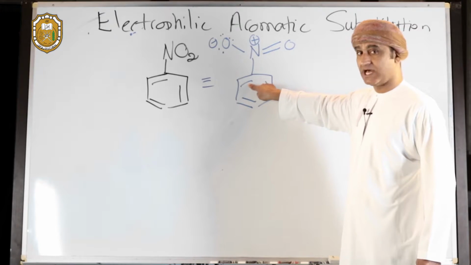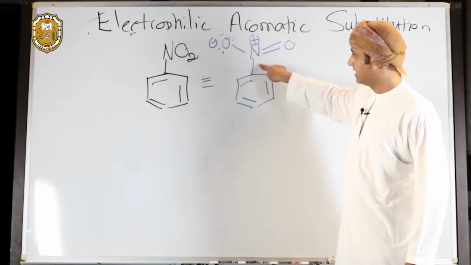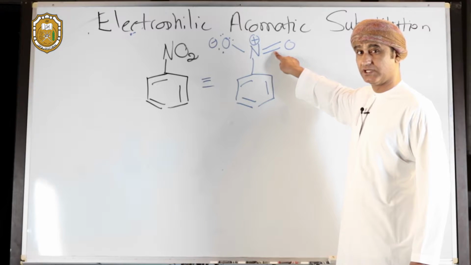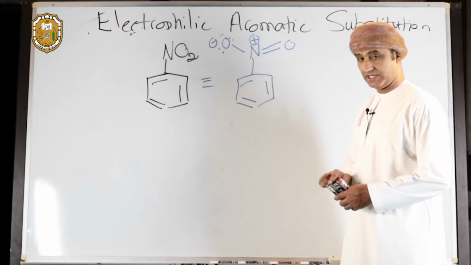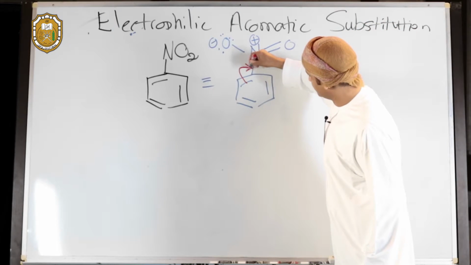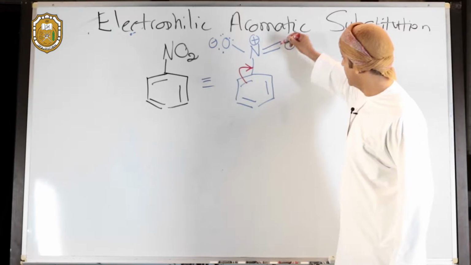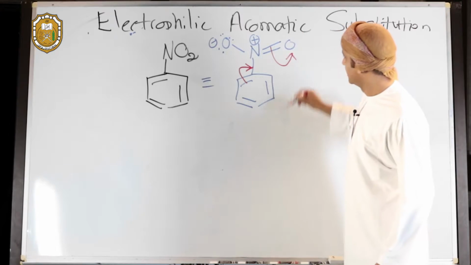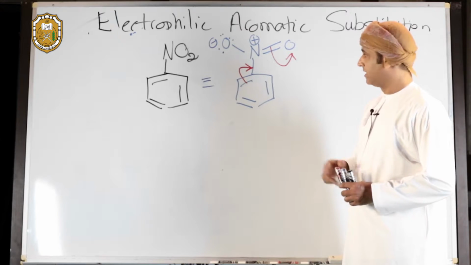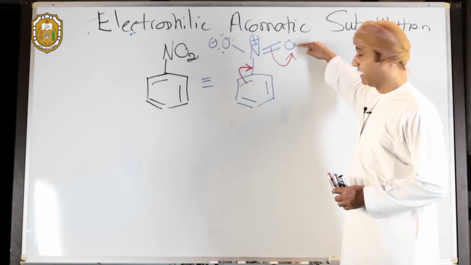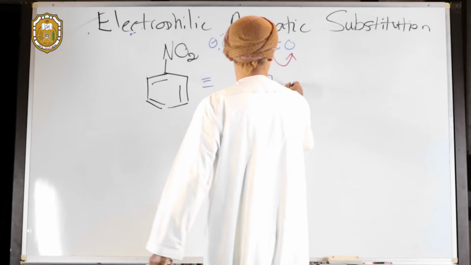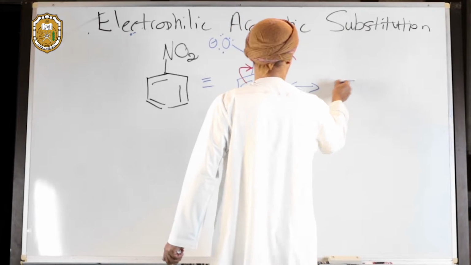We can break this carbon-carbon double bond to make a double bond here and break this nitrogen-oxygen double bond simultaneously. This would only be possible if this atom is an electronegative atom. If we do that, we get another resonance form.